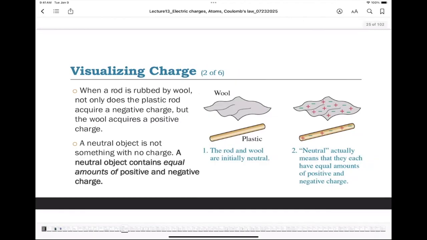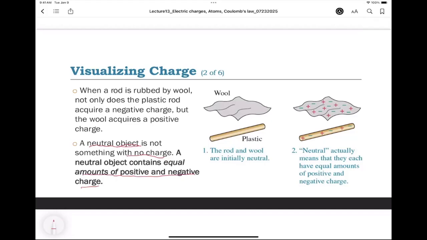Actually, a neutral object is not something with no charge. Just pay attention: a neutral object is not something with no charge. Sometimes students may think a neutral object has no charge, but it's not. A neutral object contains equal amounts of positive and negative charge. At the beginning, in the initial situation, the wool and the plastic are neutral objects.